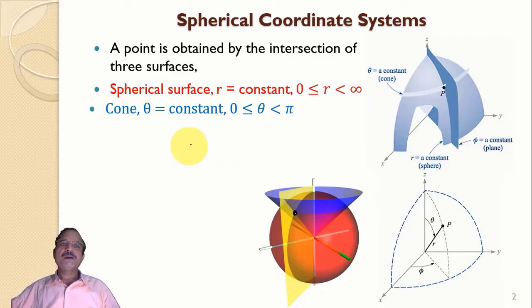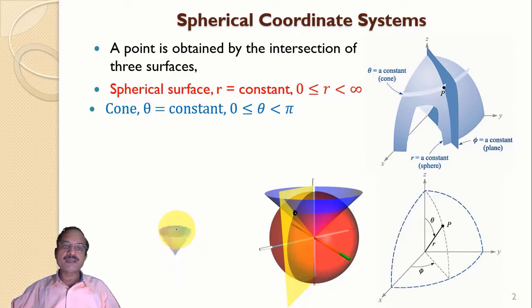Now the second variable, theta equal to constant, forms a cone. So theta equal to 0 is this vertical z axis, and as theta increases, the radius of this cone increases. So let us see this animation. This is at theta equal to 0, the upper part of this cone.